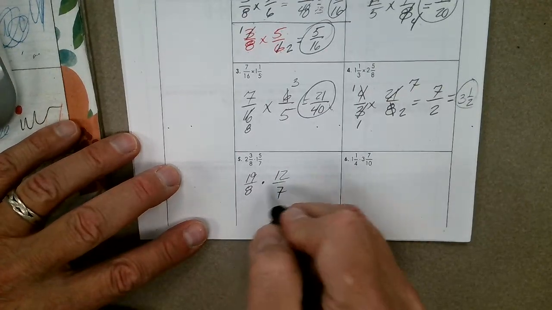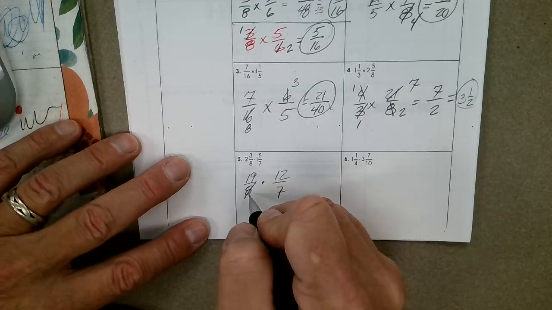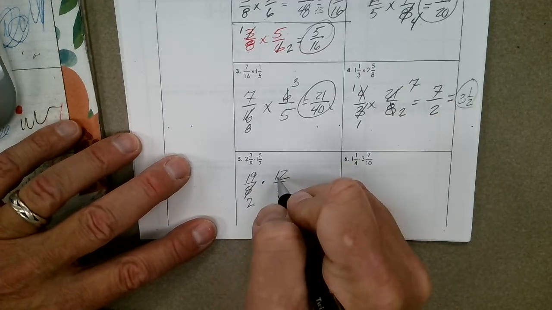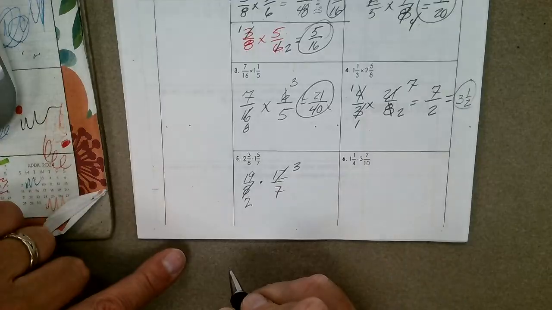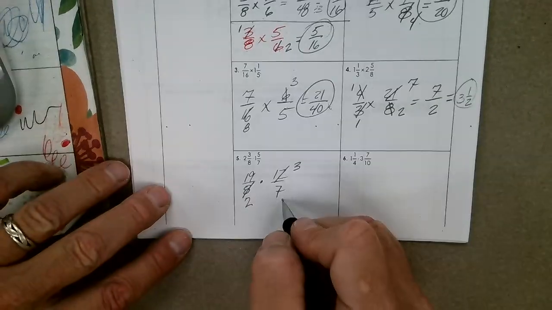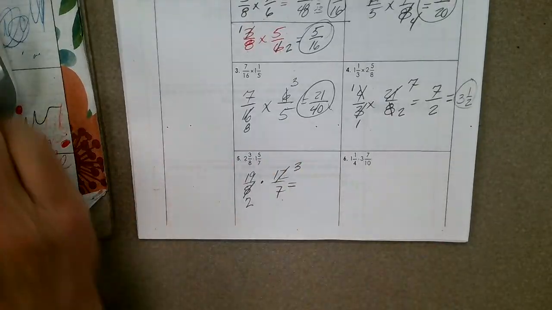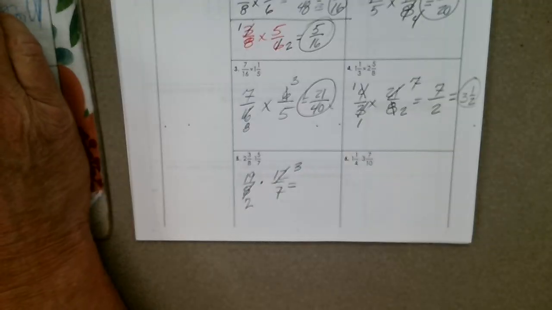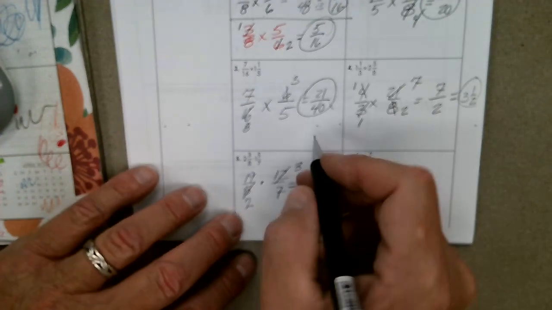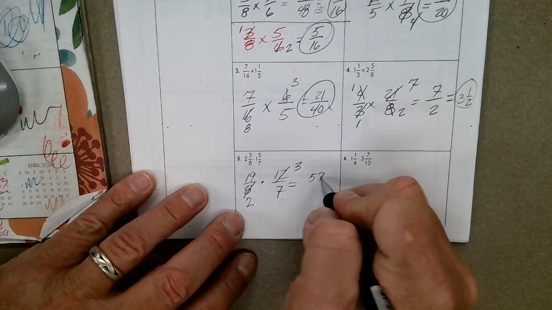Wait a second. Won't 4 go into both of those? 8 divided by 4 is 2. 12 divided by 4 is 3. Is there anything else that I can reduce? No. Let's go.